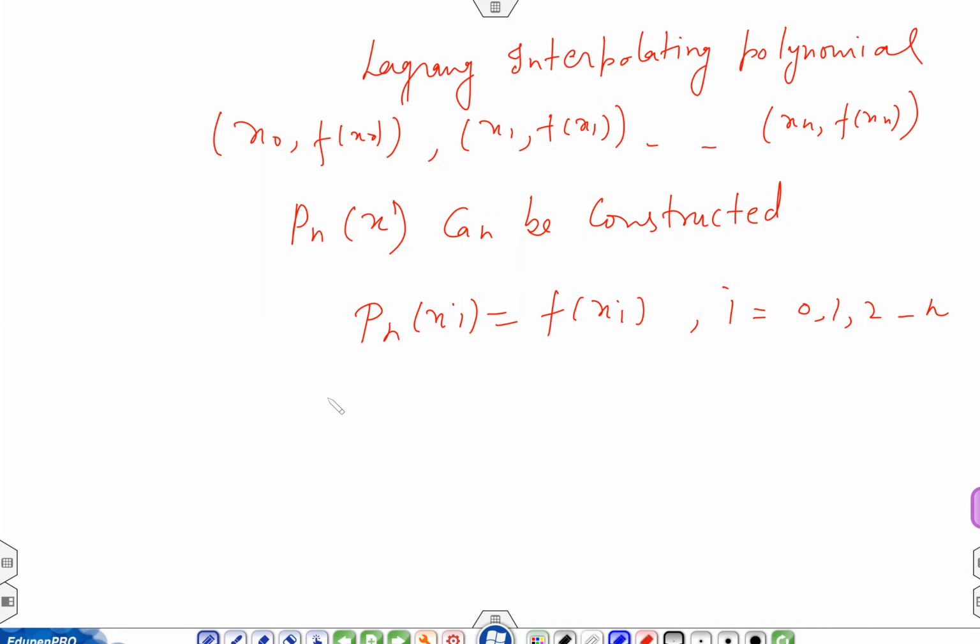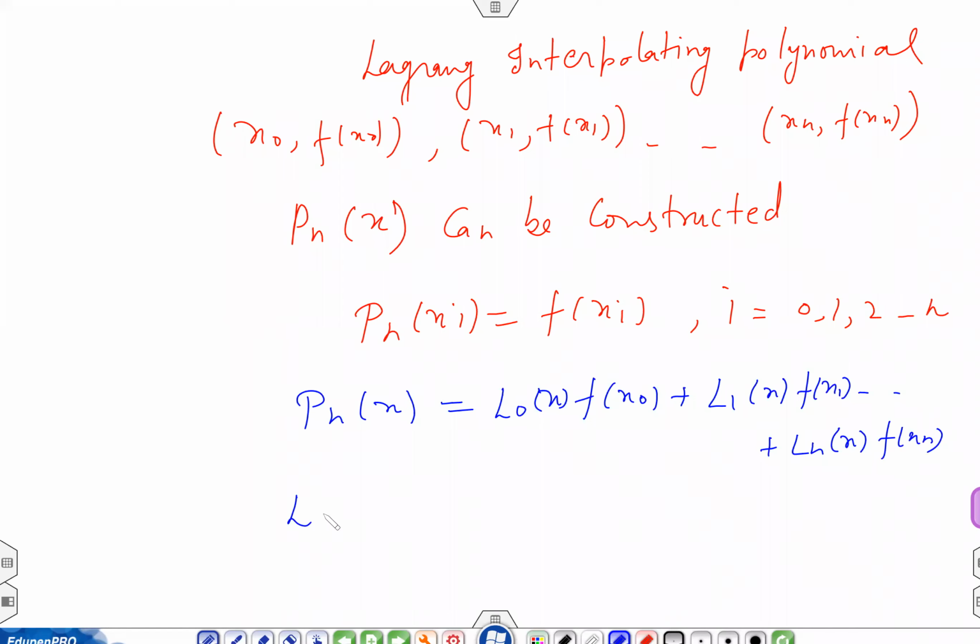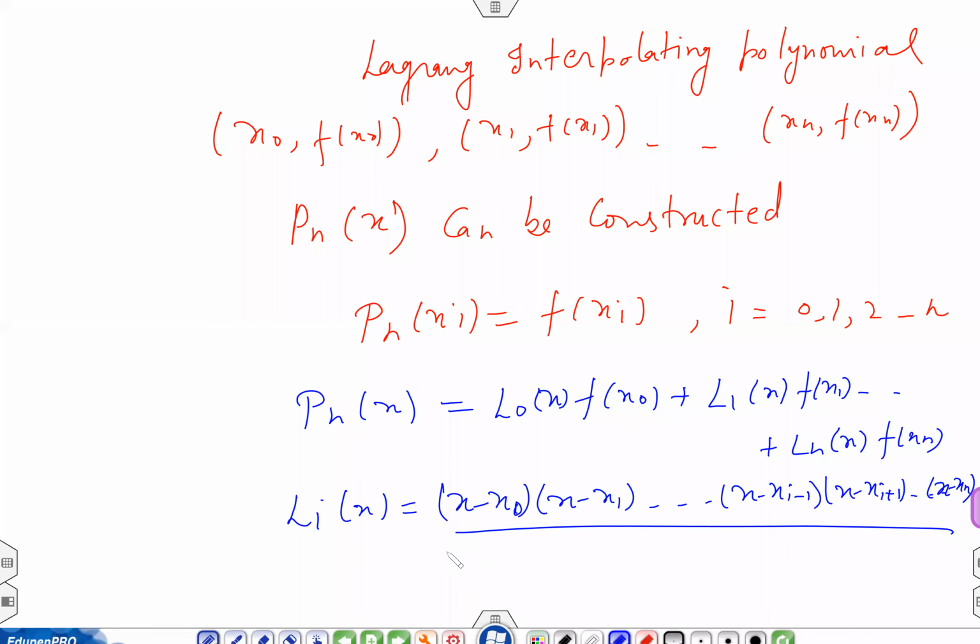Next, the form of Pn(x) is L0(x) f of x0 plus L1(x) f of x1 plus up to Ln(x) f of xn, where Li(x) is equal to x minus x0, x minus x1, up to x minus x(i minus 1), x minus x(i plus 1), and so on up to x minus xn, upon xi minus x0, xi minus x1, up to xi minus x(i minus 1), xi minus x(i plus 1), and so on up to xi minus xn.